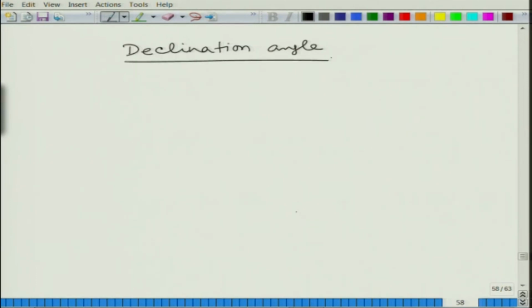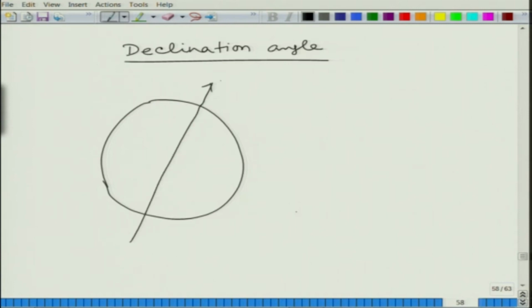So, let me draw this figure again, a little bit simplified version of it. Let us say that we have the axis like this and this is the center of the earth. We have the equatorial plane like this.